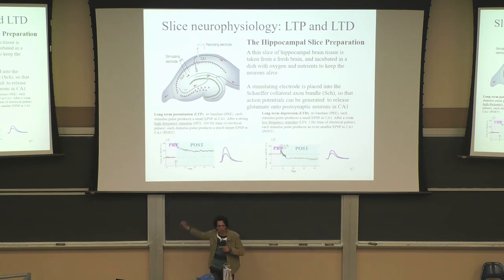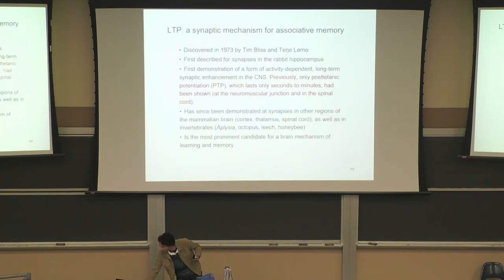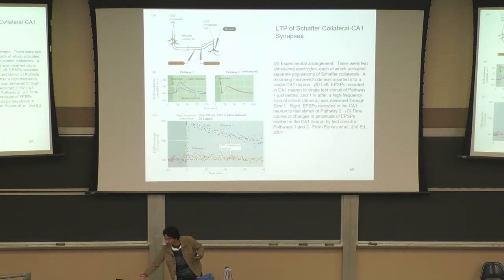Okay, so any questions about how those two protocols are different? Is this one similar to the experiment three slides later? Yes, but the LTP that they did in the purple cell is the same as in the previous one they were talking about.